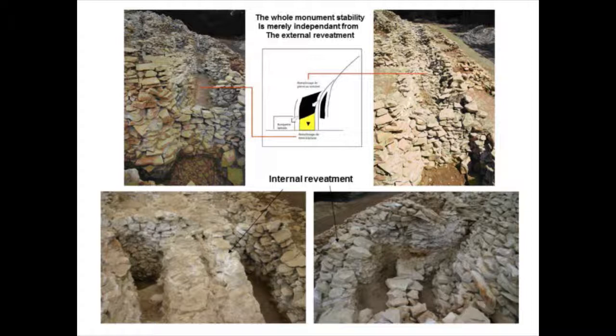When they think it's quite necessary to reinforce, they can also double the walling, and then you have internal revetment like that. Or for the external facing, the whole monument can stand on itself, by itself. All the construction is straightened by itself.